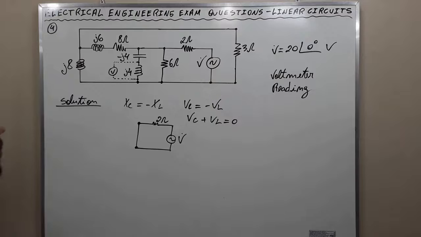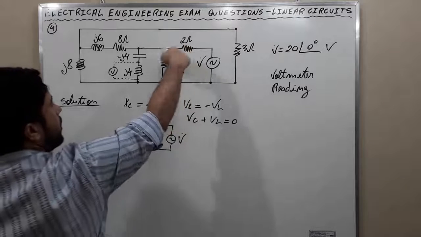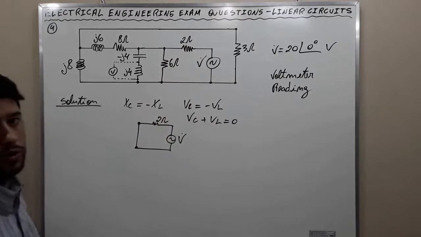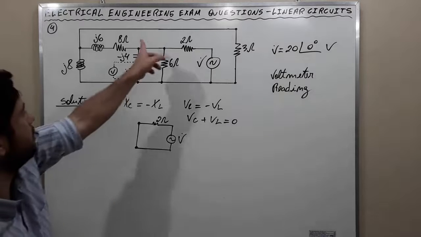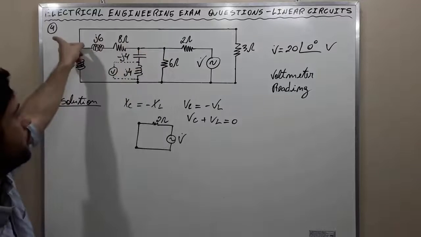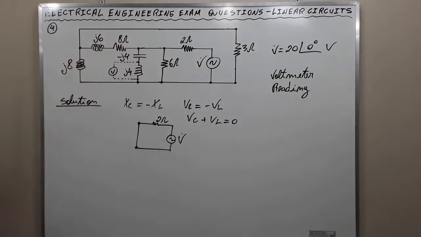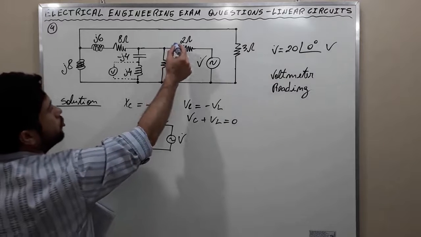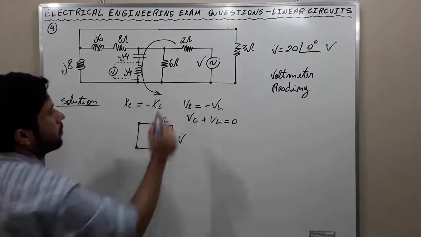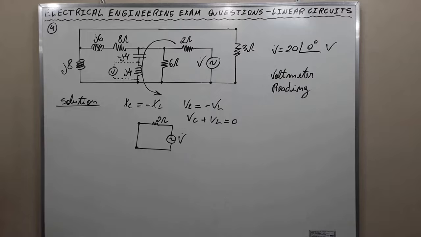No current is going to flow to this resistor and to that branch. All the current is going to flow straight here, passing through the short circuit.